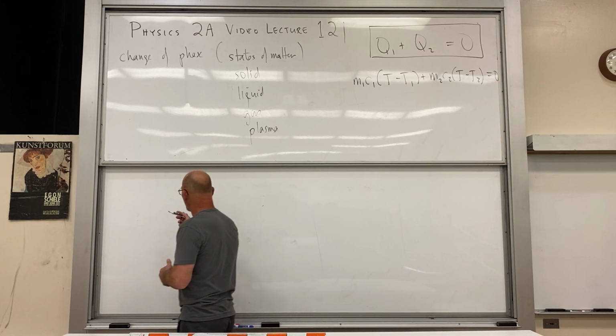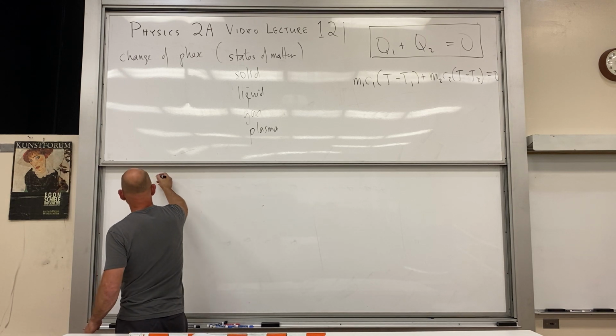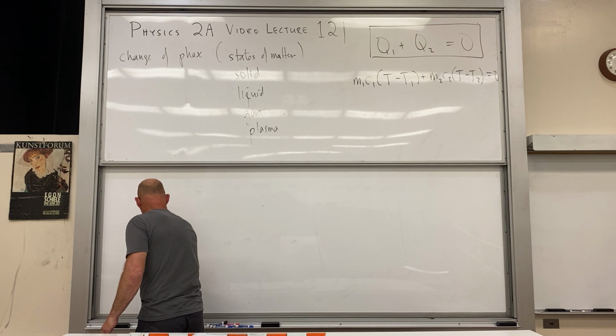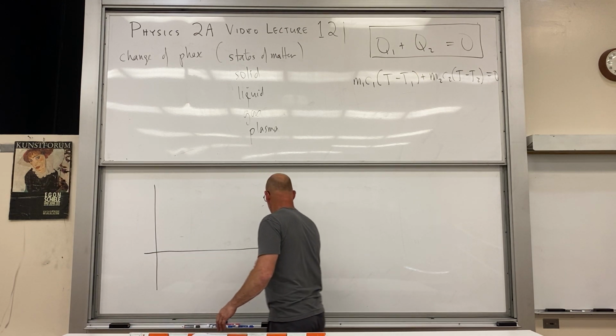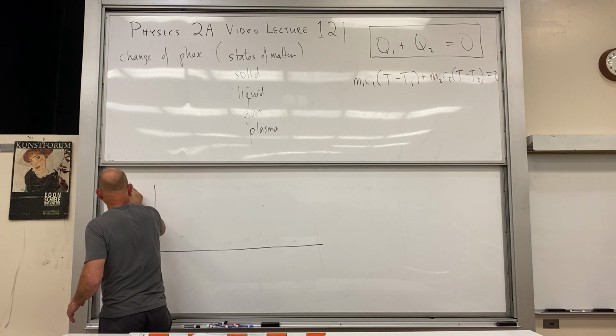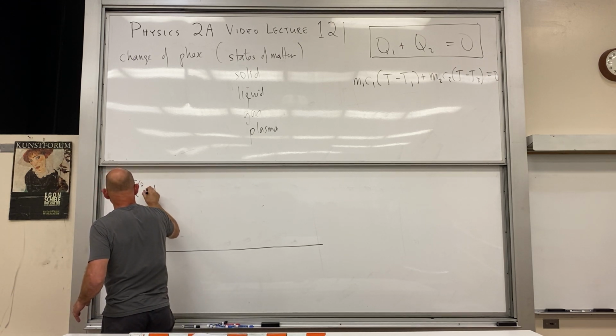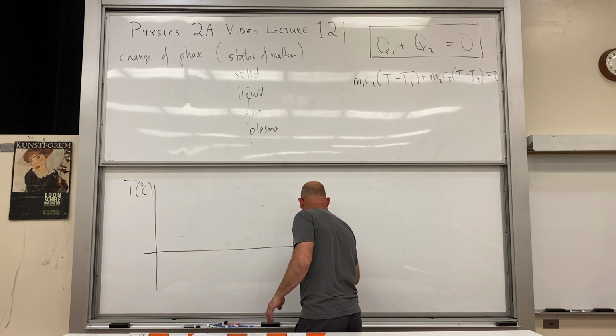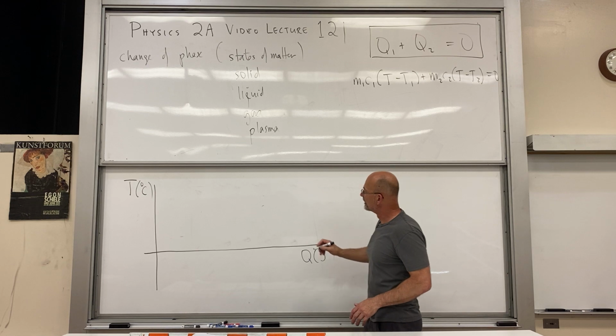So the graph looks like this. Got to leave a little bit underneath here. So what is this axis going to be? This is going to be the temperature axis in degrees Celsius. And this is going to be the energy axis, because we're adding energy, and it's going to be in joules.